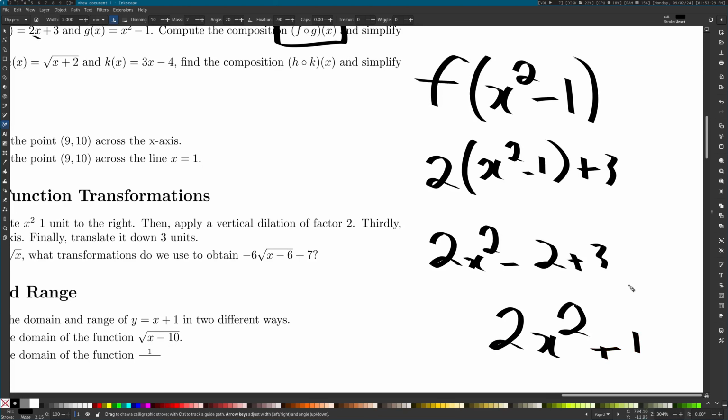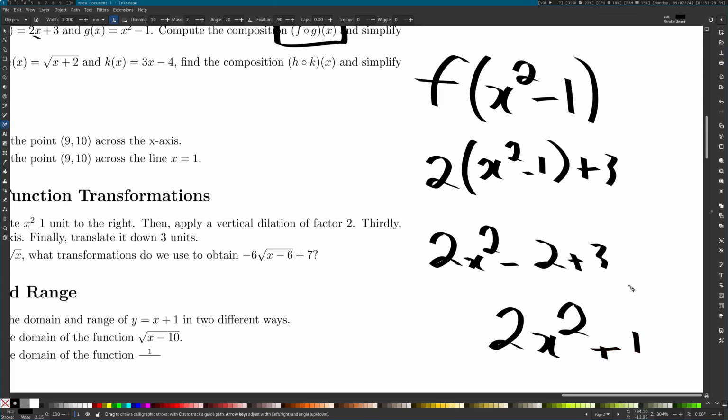So if h comes first, then k is the thing that goes into x, and if k was first, then h is the thing that goes into x. Just the closest one gets distributed first.